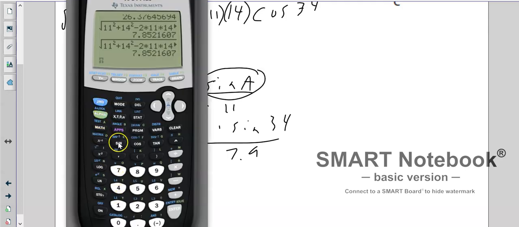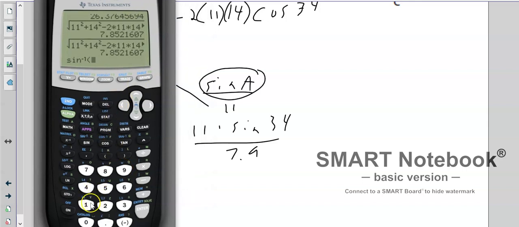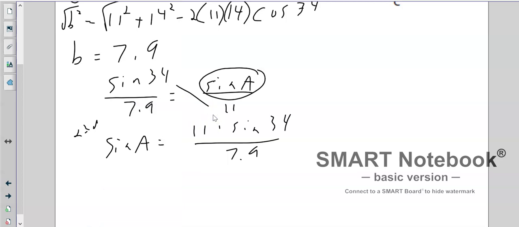So second sine, all right, 11 times the sine of 34, close the parentheses, divide by 7.9. You have to hit second sine because we're finding the angle. It says round nearest tenth, the 3 tells it to stay, so 51.1.